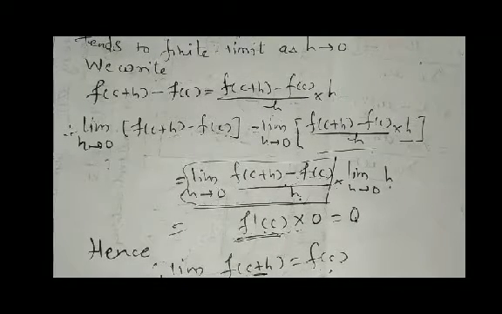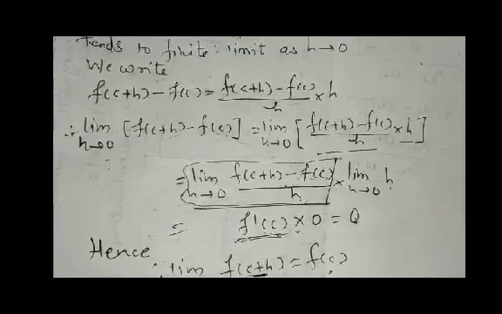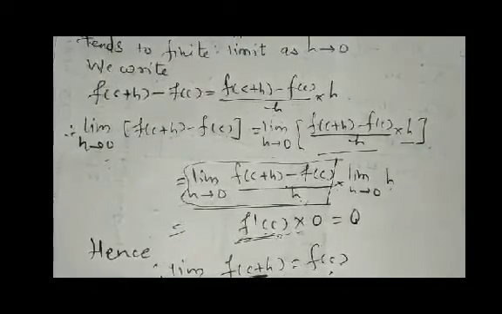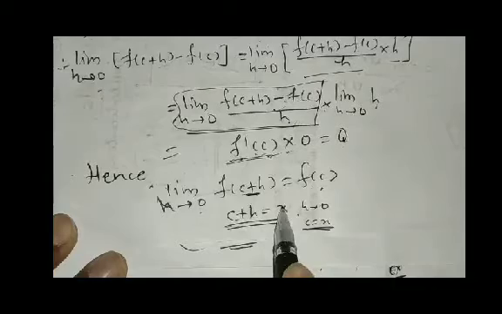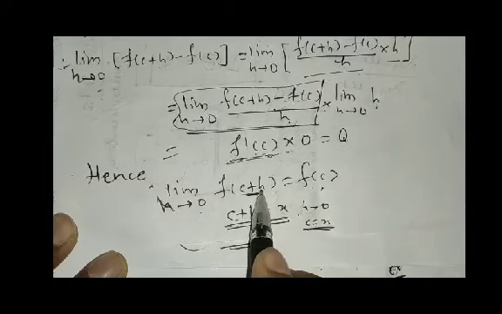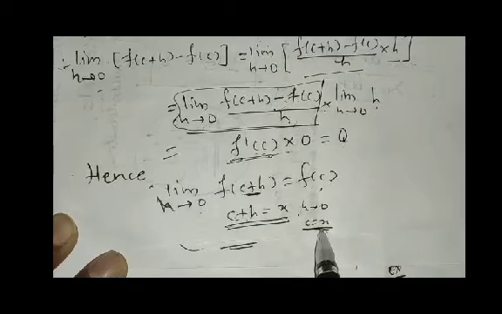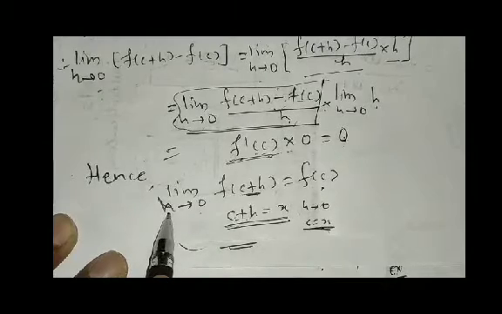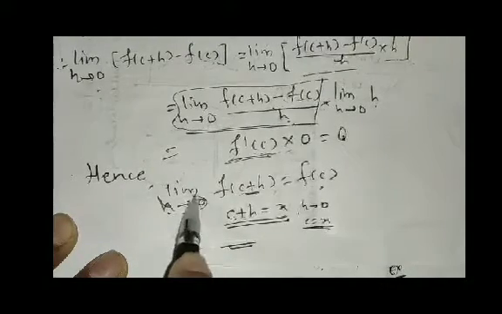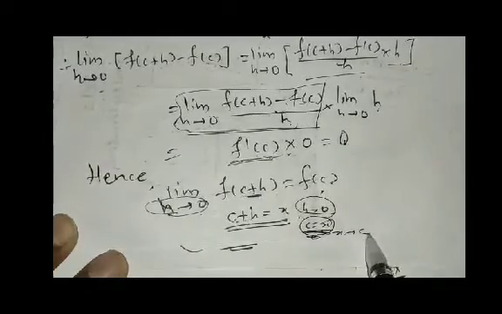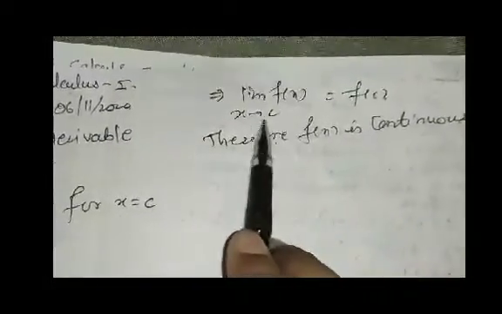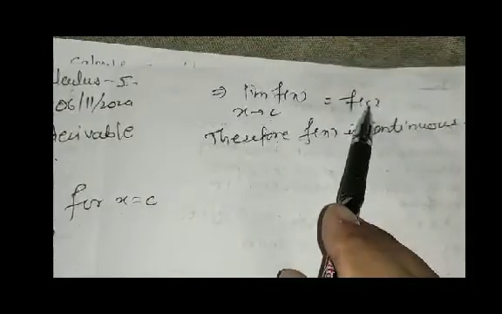As h tends to 0, c plus h is nothing but x, so x tends to c. So I can write this limit as the limit of f of x as x tends to c, which is equal to f of c.